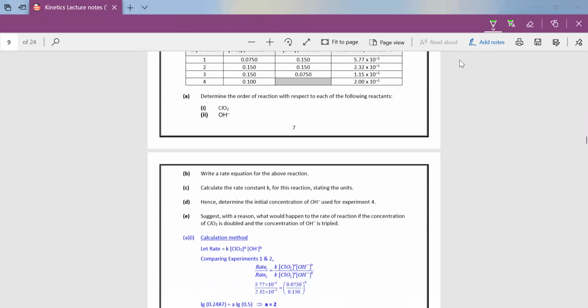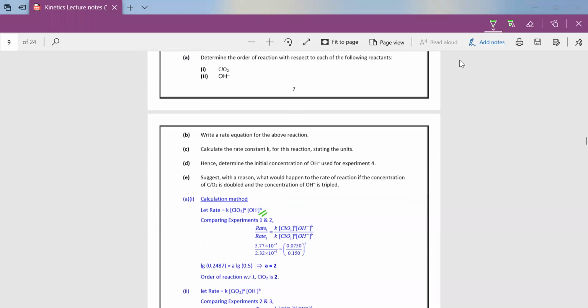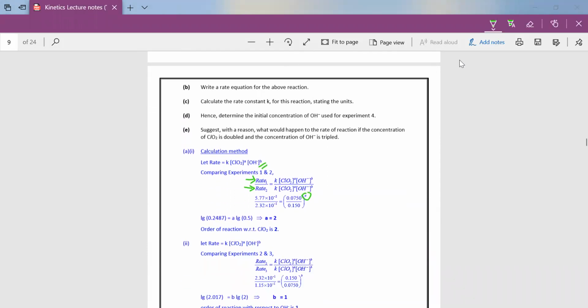For the calculation method, we're going to let the rate equal the concentration of ClO2 to the power of A and hydroxide to the power of B. When we substitute in the values for equation 1 on top and equation 2 below, we will be able to solve for A by taking the log of both sides, and we bring down A and we realize that A is 2. So the order of reaction with respect to ClO2 is 2.